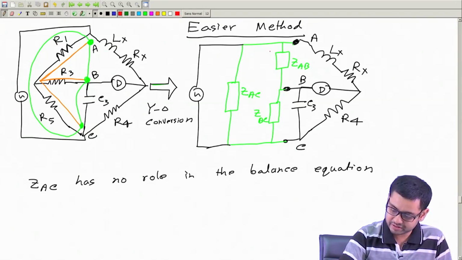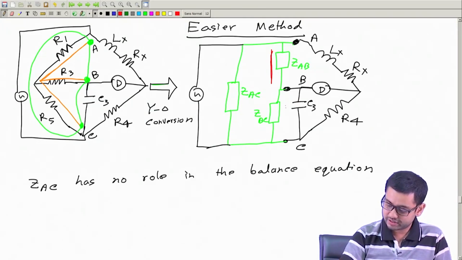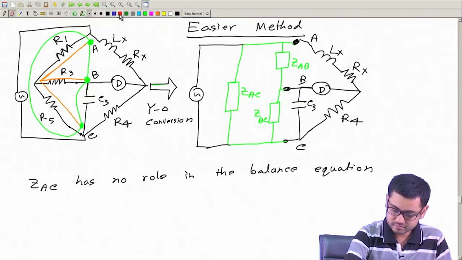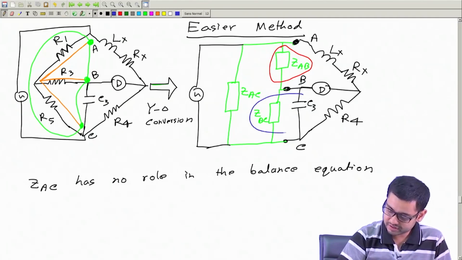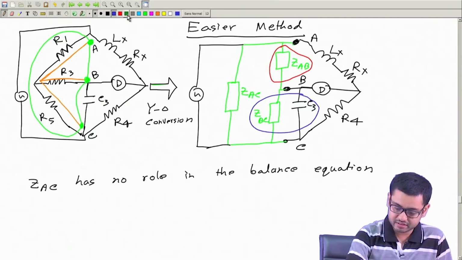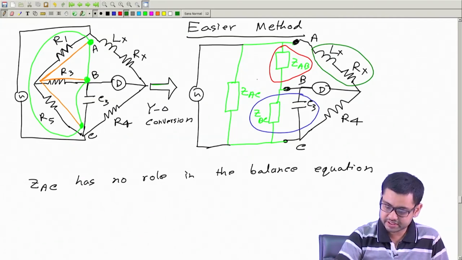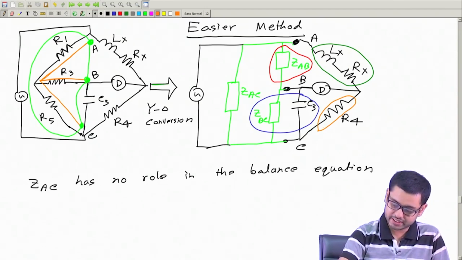This is one arm, ZAB; then these two together are another arm; then this is obviously the third arm, and this is the fourth side.